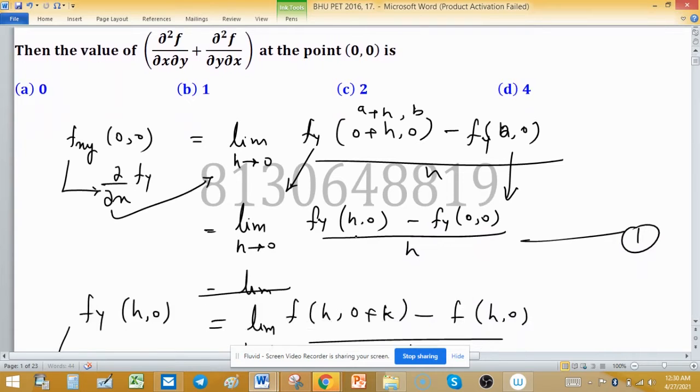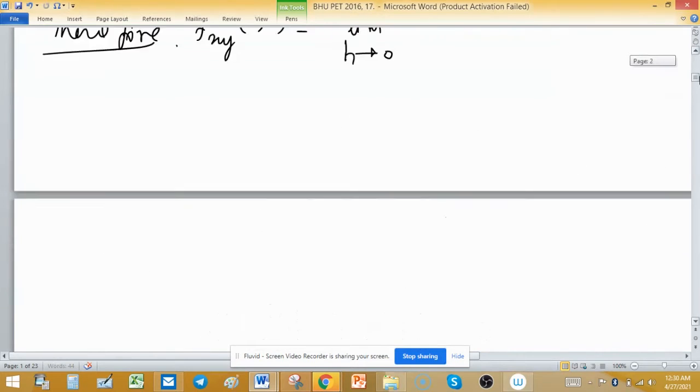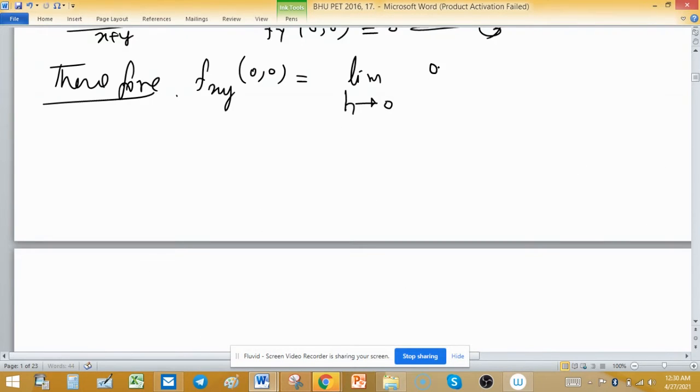The value of the first expression is nothing but 0, and the value of this expression is again 0. So 0 minus 0 divided by h, and this is equal to 0. So f_xy at (0,0) is 0.